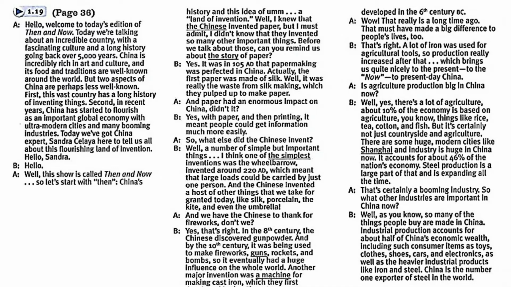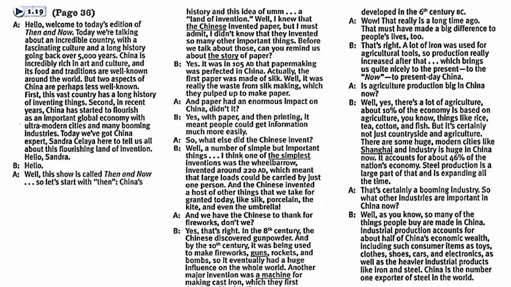Hello. Welcome to today's edition of Then and Now. Today, we're talking about an incredible country with a fascinating culture and a long history going back over 5,000 years. China is incredibly rich in art and culture, and its food and traditions are well known around the world. But 2 aspects of China are perhaps less well known.